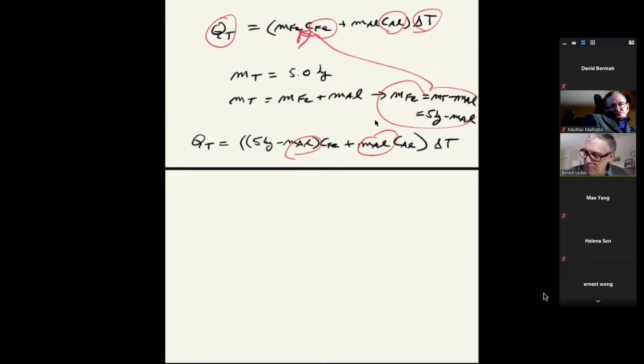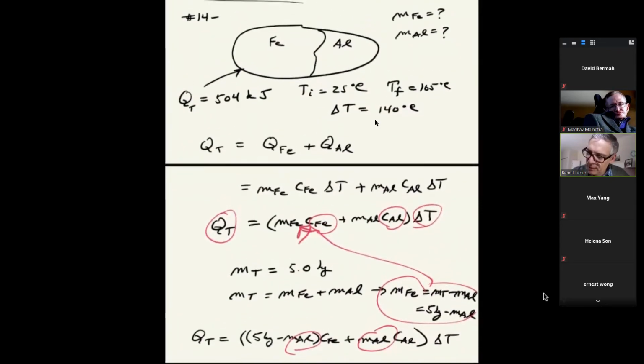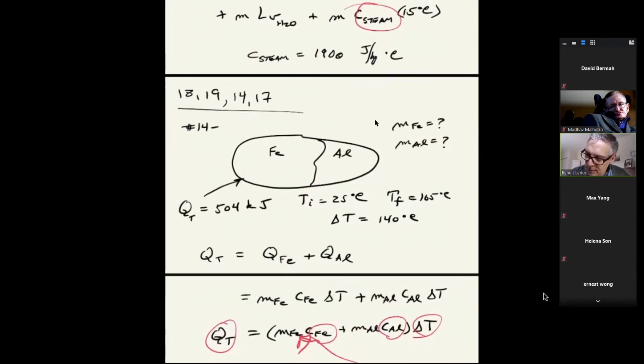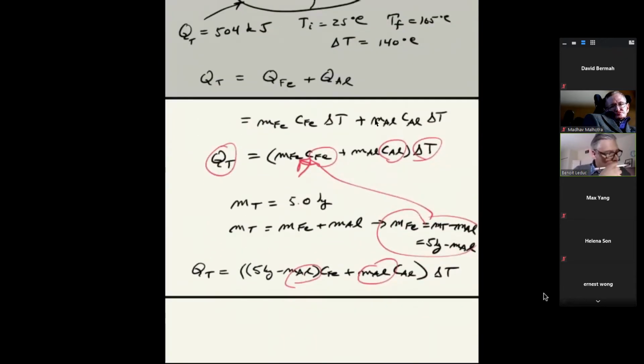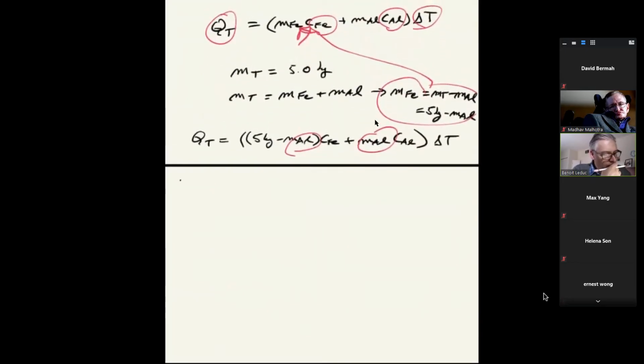Okay, now you want 17. So let's look at 17. An aluminum calorimeter. A calorimeter is a device that measures how much thermal energy is being released. That's what a calorimeter is.